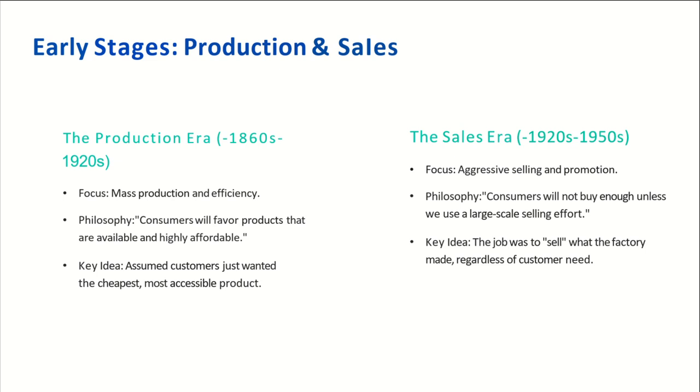Businesses assumed customers just wanted the most accessible product. In the second era, the sales era, from 1920s to 1950s, as competition grew, the focus shifted to aggressive selling. The philosophy was that consumers wouldn't buy enough unless the company undertook a large scale selling effort. The job was to push the factory made products regardless of whether customers needed them. Now we move on to the next slide.